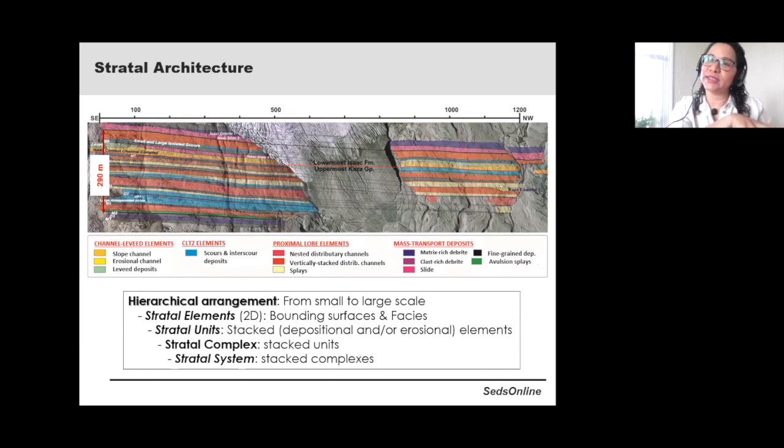A complex is just comprised of several stacked units. Typically, the units can be traced for several kilometers laterally. The system overall is composed of several stacked complexes. At that level, I see the 3 complexes that I'm going to show you next. Those 3 complexes are found in both localities.